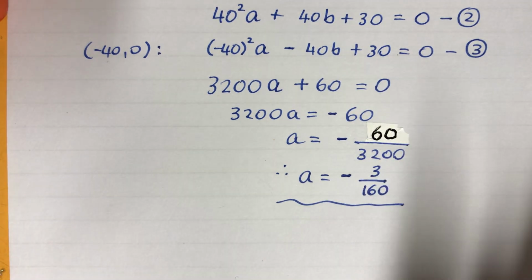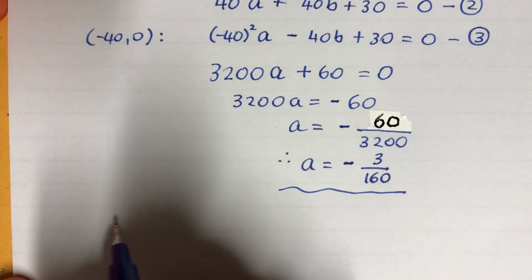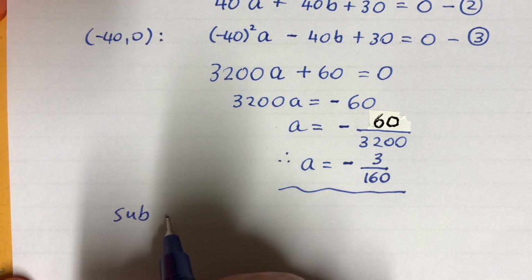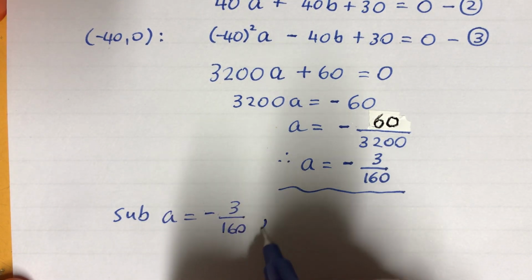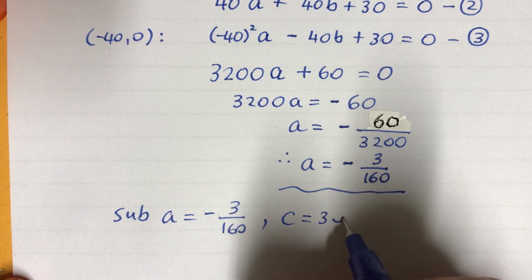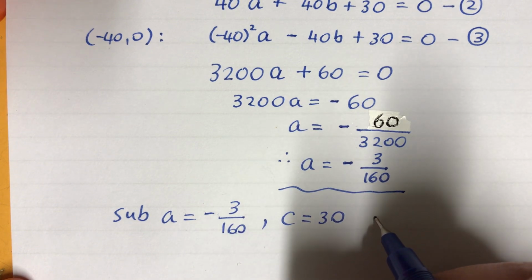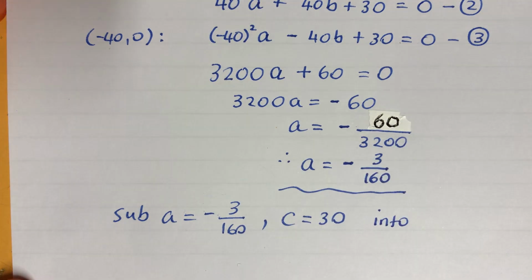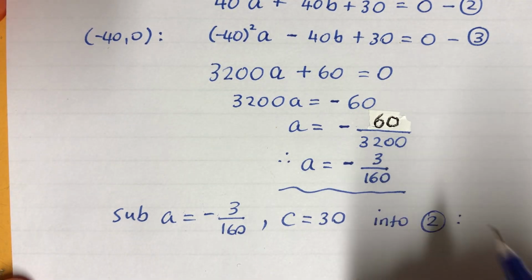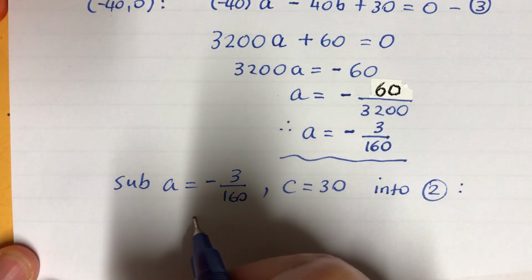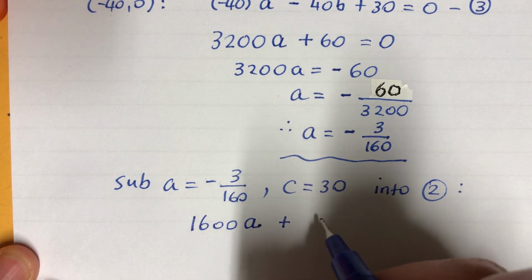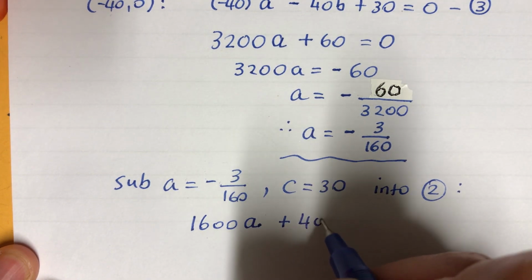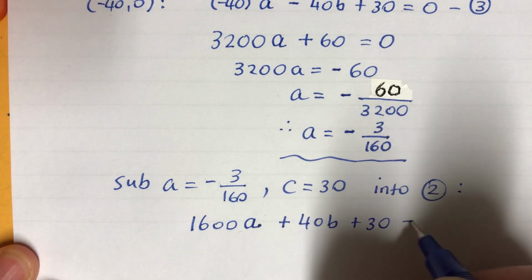Okay, so I've got that, and I'm going to substitute a equals minus 3 over 160, and then c equals 30 into equation 2, which was 1600a plus 40b plus 30 equals 0.